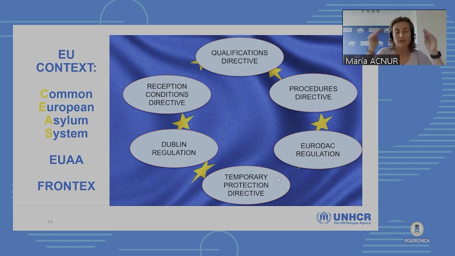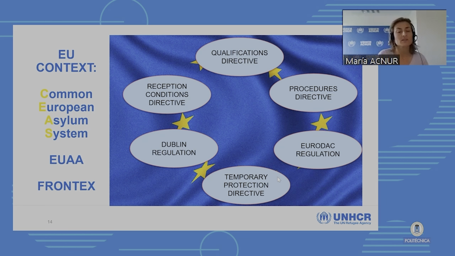It established a hierarchy of rules of who would be responsible to examine a claim in the EU. So the first rule would be where the first country where a person arrives is responsible for examining the claim. The second rule would be the country that has provided a visa or a residence permit that has allowed you to enter the EU, even if it's not the first country where you arrive.